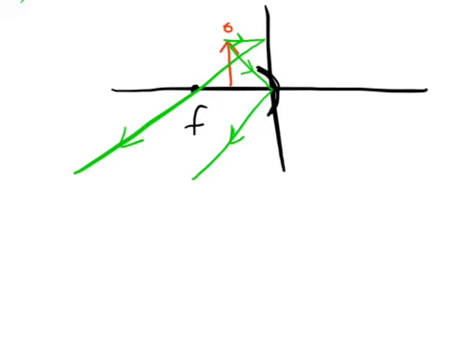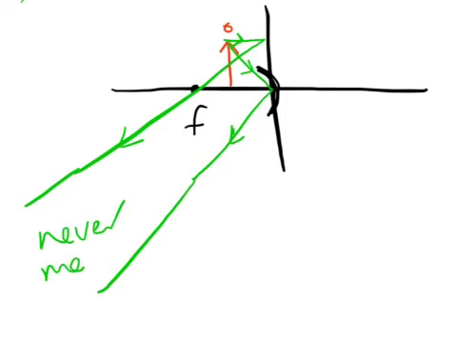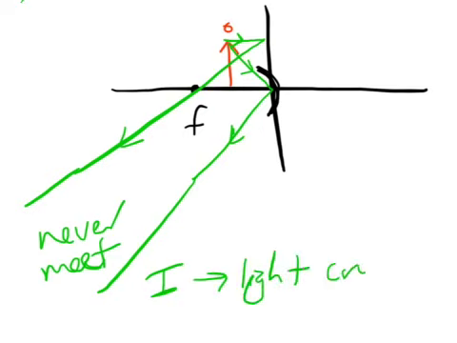So this kind of spreading means that they will never meet. And remember, one of the conditions for an image to be formed is that the light rays meet and cross.